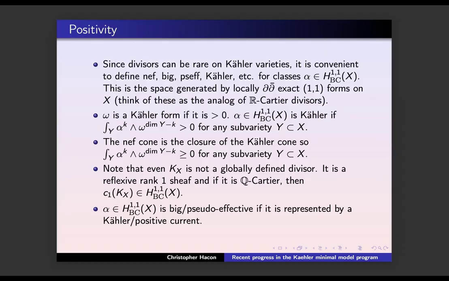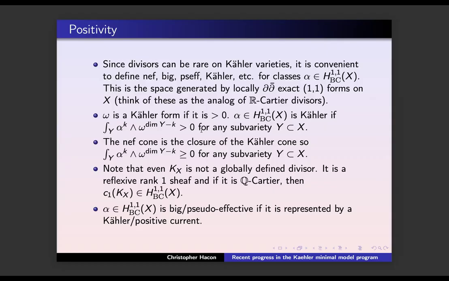Typically on a Kähler variety, we don't have ample divisors, but the equivalent positivity requirement is the Kähler condition. So a smooth real (1,1) form omega is Kähler if it's everywhere positive. For the corresponding classes, Kähler classes, you can check if a class alpha is Kähler if whenever you have a subvariety Y of your variety X, the integral along Y of the k-th power of alpha wedged with the corresponding power of a Kähler form is always strictly positive.